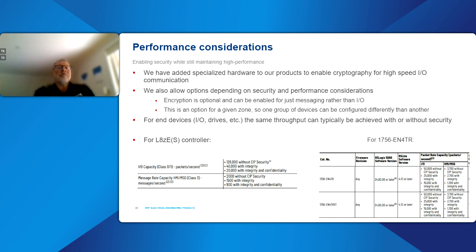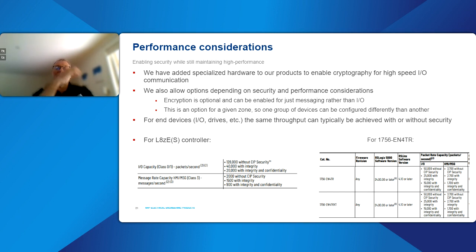Okay, so I'll start on the bottom right here with an Ethernet card, which is an EN4T card. You can see down the bottom right corner the packet capabilities per second. Without CIP security, this card can do 50,000 packets a second of IO packets.